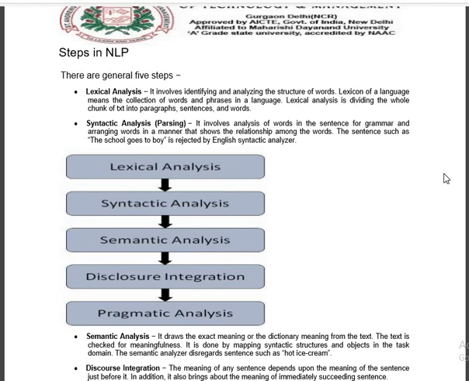So syntactic analysis involves analyzing the words in a sentence for grammar and arranging the words such that there is a relationship between them. For a sentence such as "the school go to boy," the English syntactic analyzer will reject it.